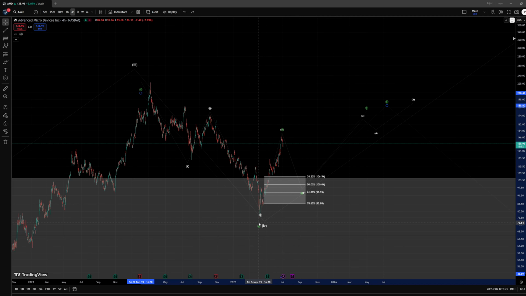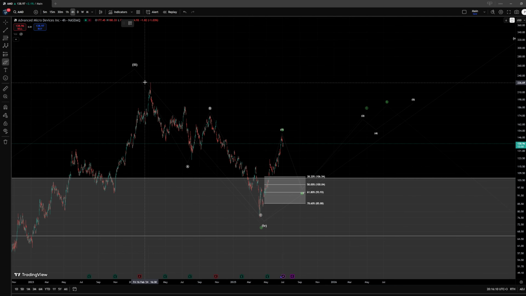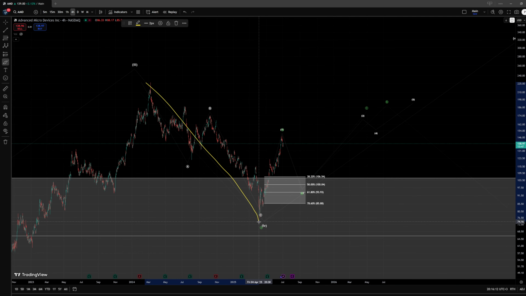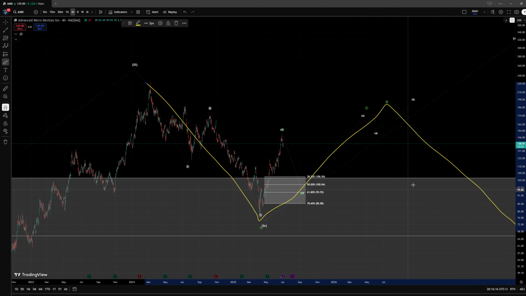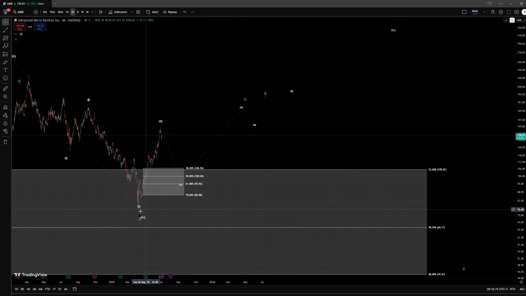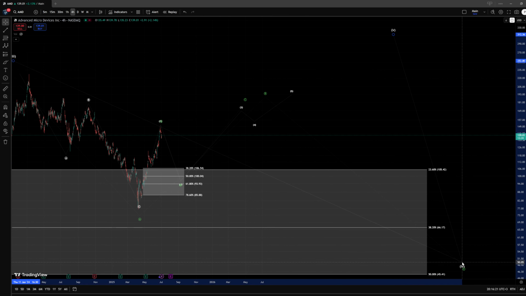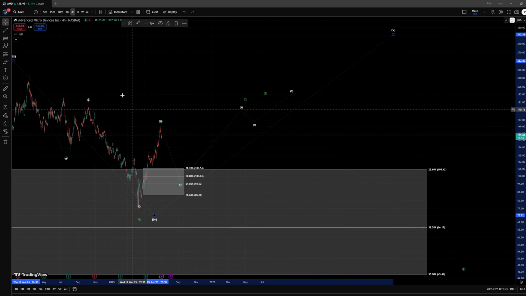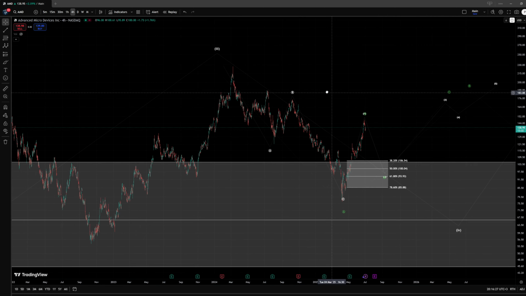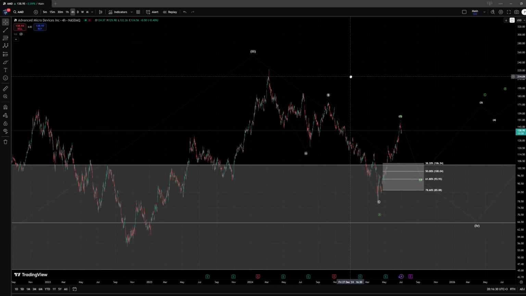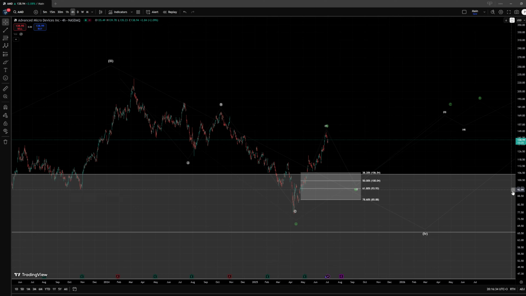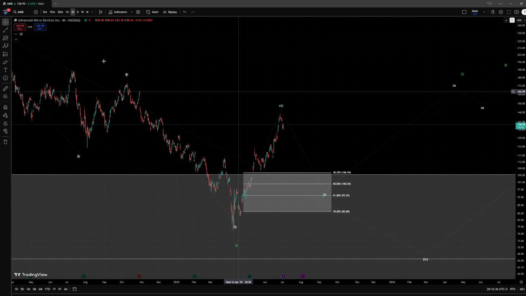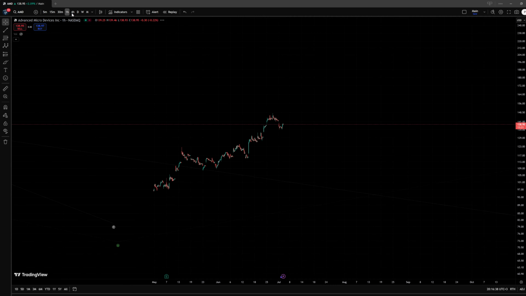Or we have the green scenario in which we have only finished an A wave to the downside and we are now forming a B wave up and then a C wave to the downside, which should ideally take us even lower. And in that case, we would then end the fourth wave in white there. But I'm going to leave this in the air for now. We can't know yet if it ended or not. So we are going to focus on the shorter time frame here.